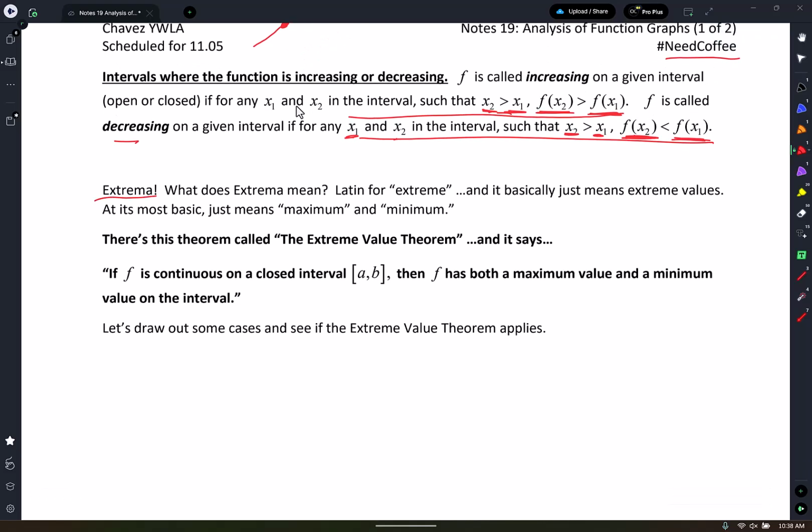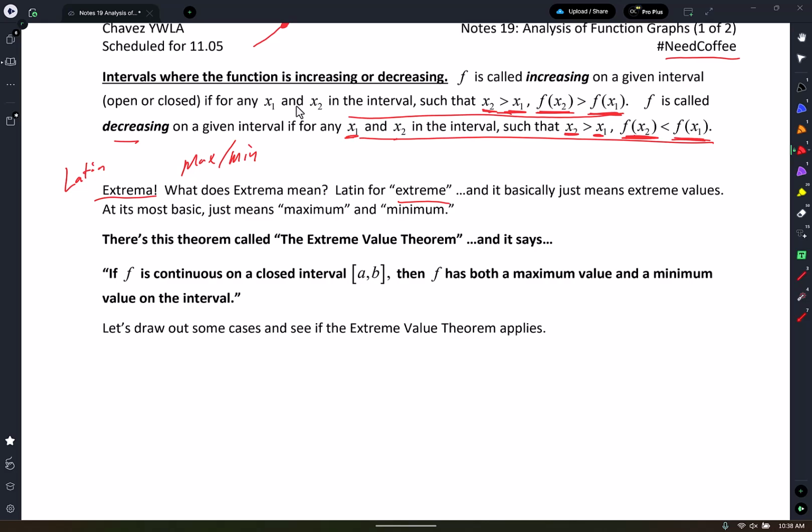This is Latin for those of you that are studying Latin. Extrema. Extrema is a fancy word for extreme, and we use that to indicate max or min. So if you see a question that says, find the extrema, it's saying, what are my max and mins? Cool or not cool?